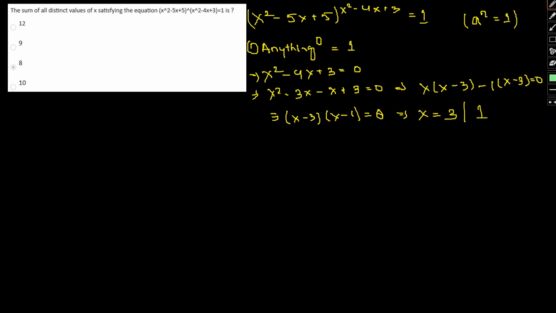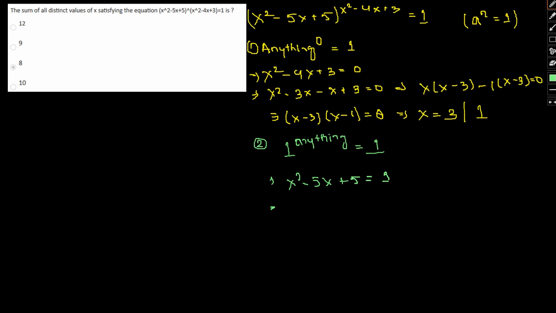The second condition that we'll be checking will be 1 to the power anything will be 1. Okay, that is we are considering a as 1. That is, we'll be considering x² − 5x + 5 = 1.